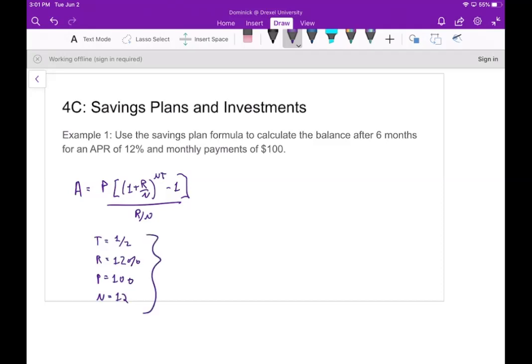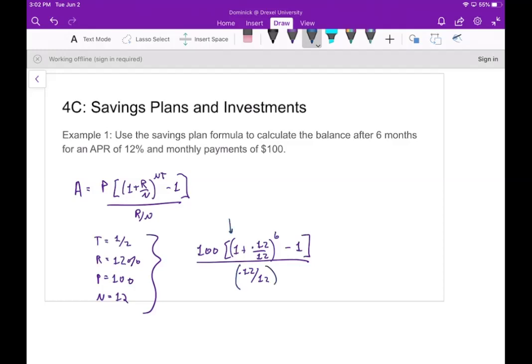If we plug all this in, we have 100 times (1 plus 0.12 over 12) to the 12 times 1/2, so just to the 6th, minus 1, all over R over N, so 0.12 over 12. When you enter this in the calculator, you have to be very careful with your parentheses. I'd make sure that this whole denominator is in parentheses.